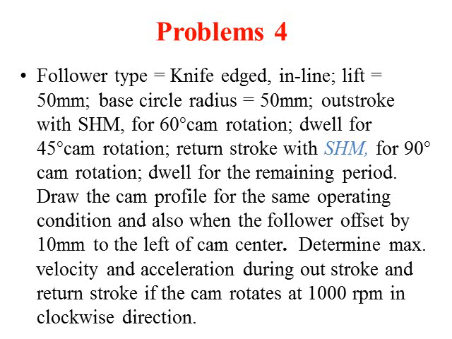The base circle radius is 50 mm, with outstroke with simple harmonic motion for 60-degree cam rotation, dwell for 45-degree cam rotation, and return stroke with simple harmonic motion. So here it is clearly mentioned that the outstroke and the return stroke are simple harmonic motion.